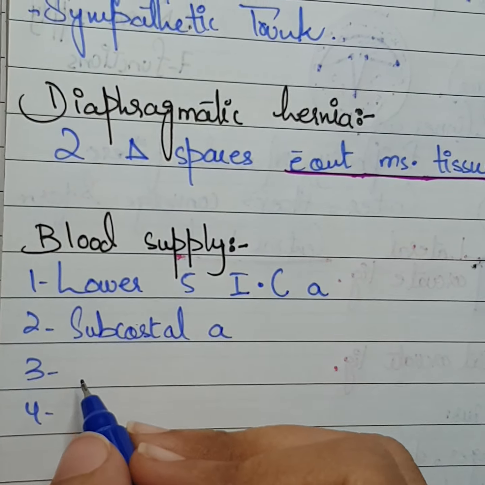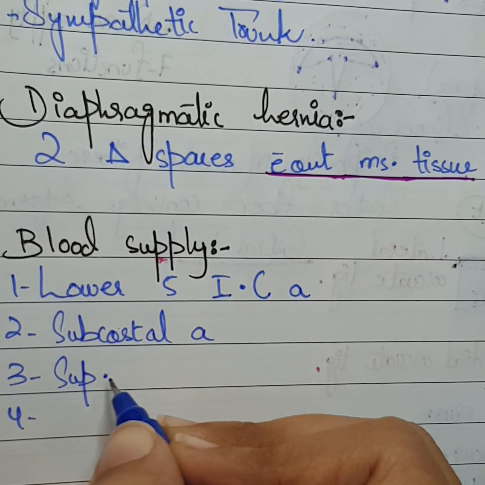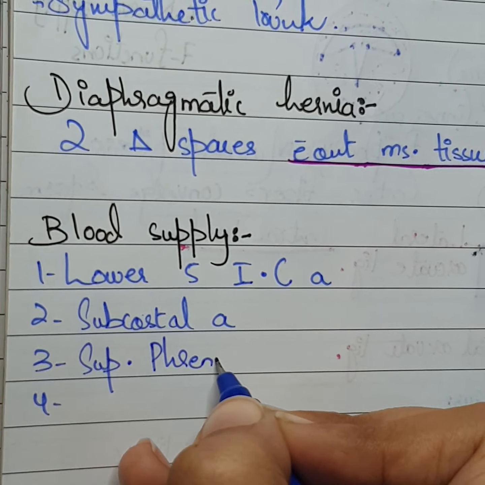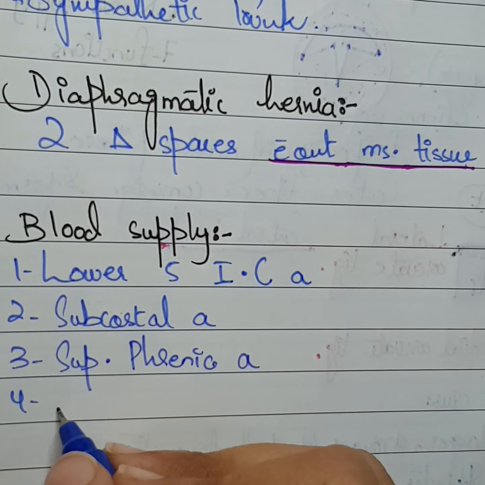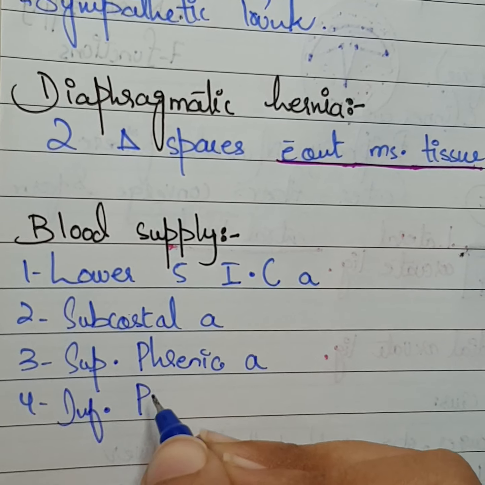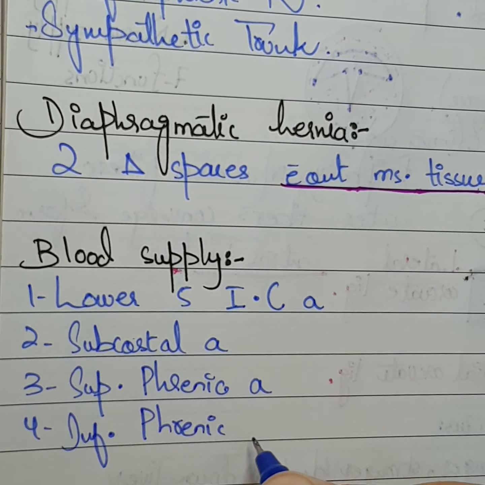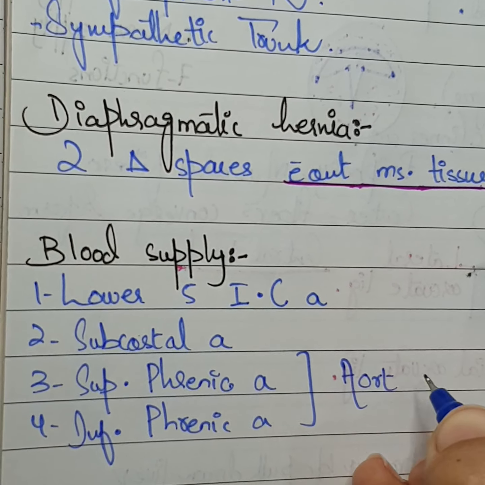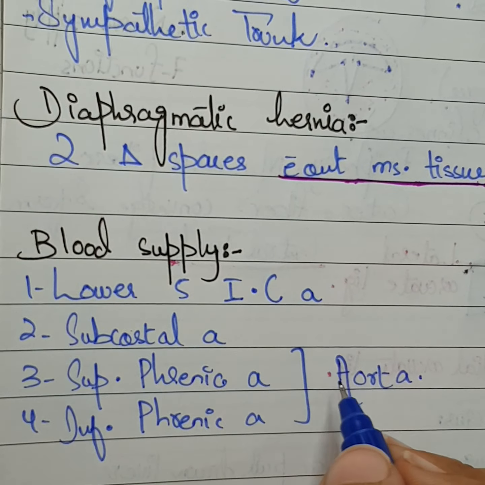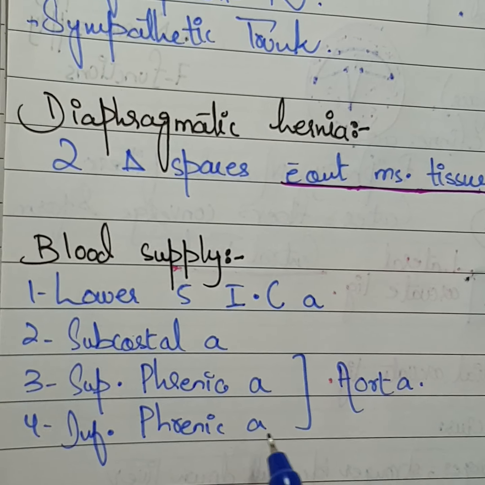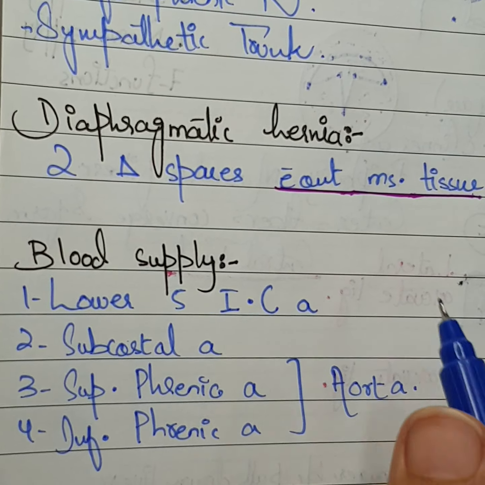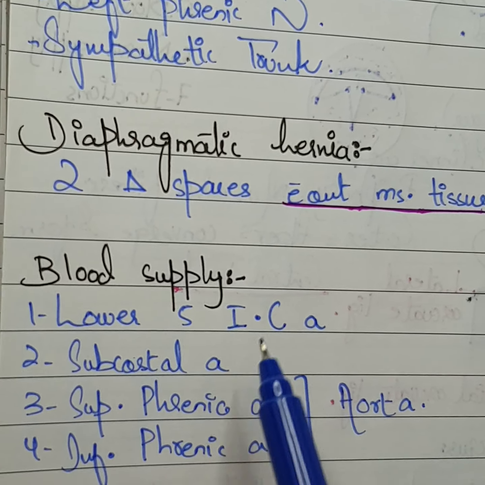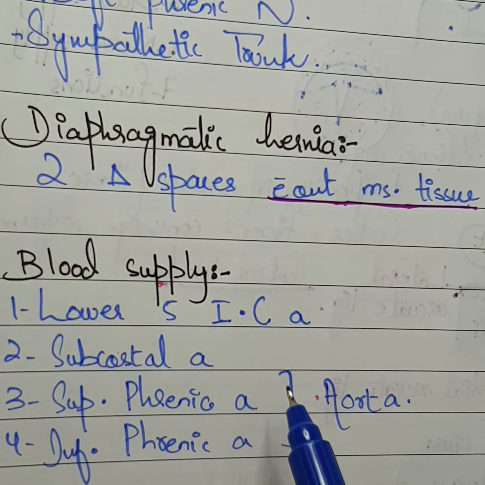Then we have the superior phrenic artery, and the inferior phrenic artery. The superior phrenic and inferior phrenic are branches of the aorta directly. The superior phrenic is the branch of the thoracic aorta, and the inferior phrenic is the branch of the abdominal aorta, and the lower 5 intercostal and subcostal arteries are also supplying the diaphragm.